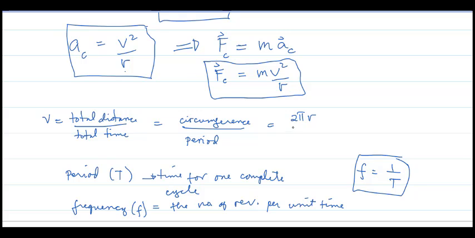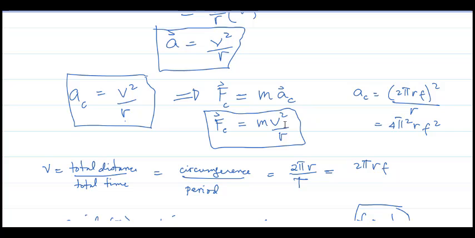The r is the radius of our circle, and the period T. Or we can have this in terms of frequency, 2 pi rf. Therefore, rewriting our equation, ac is equal to 2 pi rf, then squared, over r, or simply 4 pi squared r f squared.